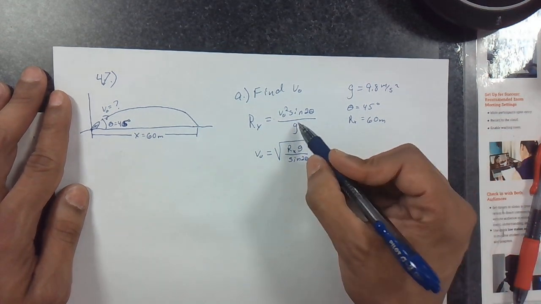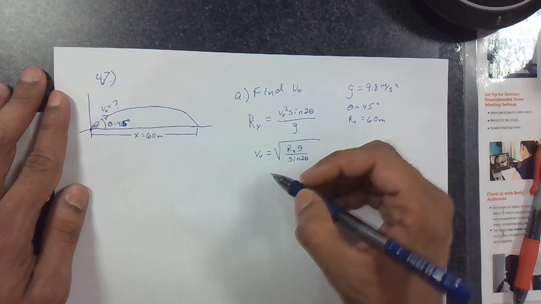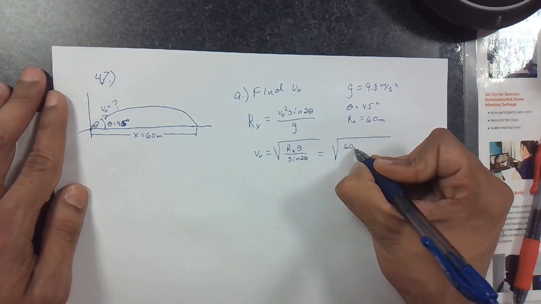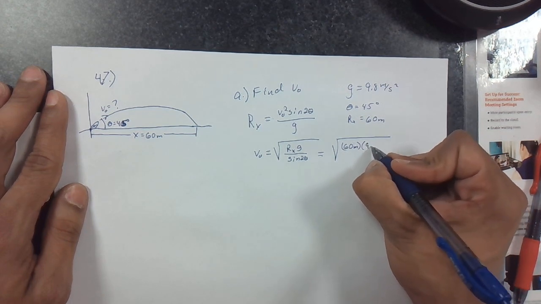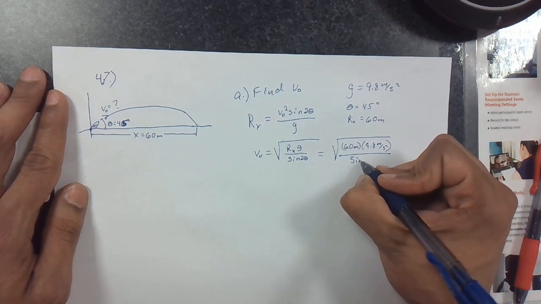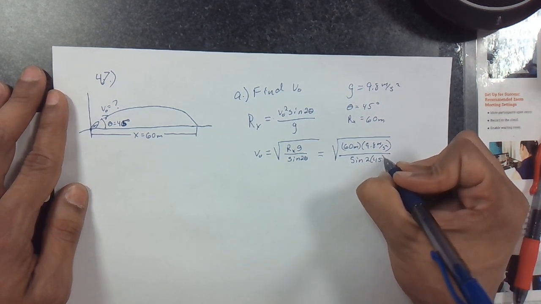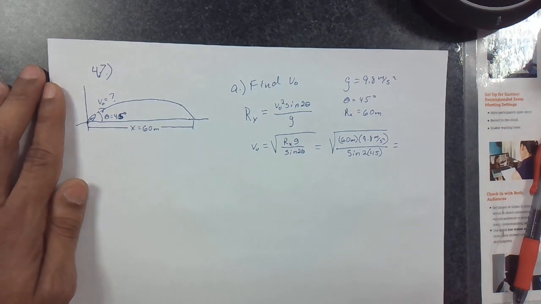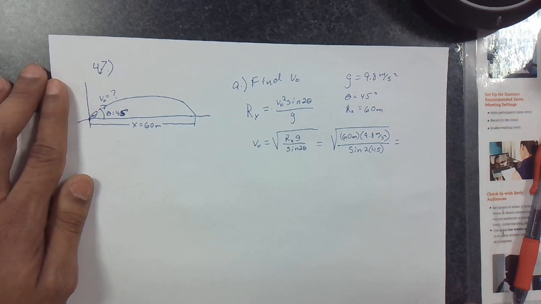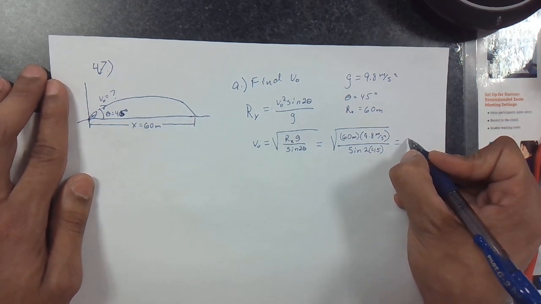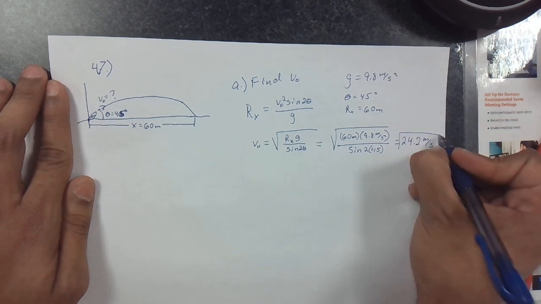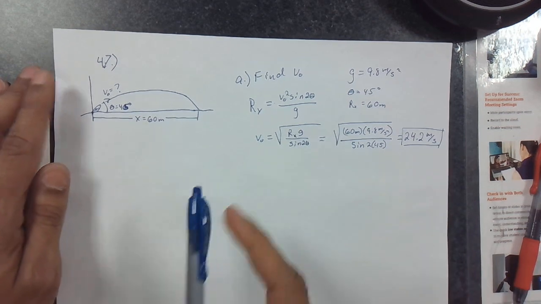Let's double check, multiply, divide, square root. Good. So we plug in the square root of 60 meters times 9.8 meters per second squared over sine 2 times 45, which will give us an initial velocity of 24.2 meters per second.